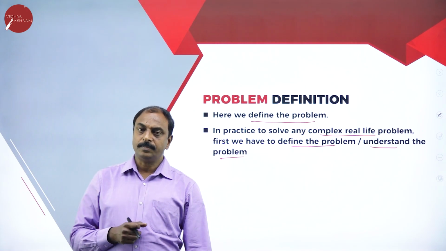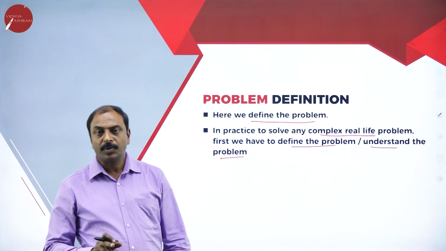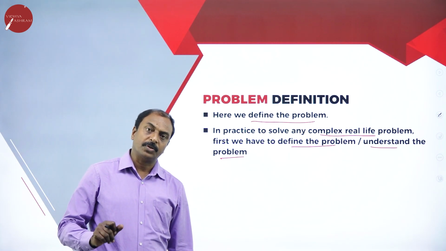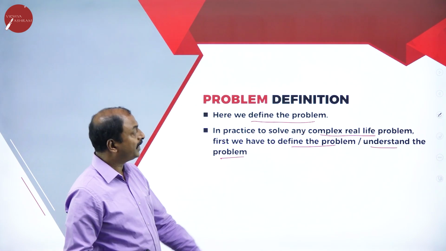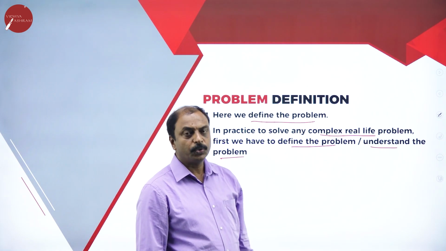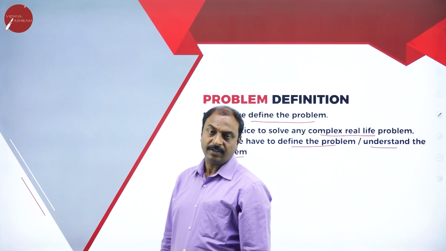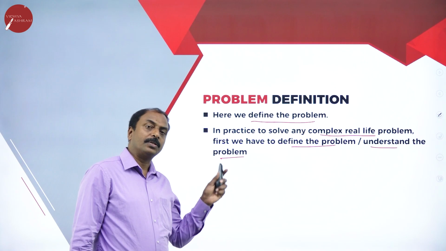Since a computer is a machine, the user or the programmer has to give proper instructions to solve a particular problem. In that way, the programmer or the user must understand the problem very well. If the user or the programmer cannot understand the problem himself, it is very difficult for them to solve the particular problem.